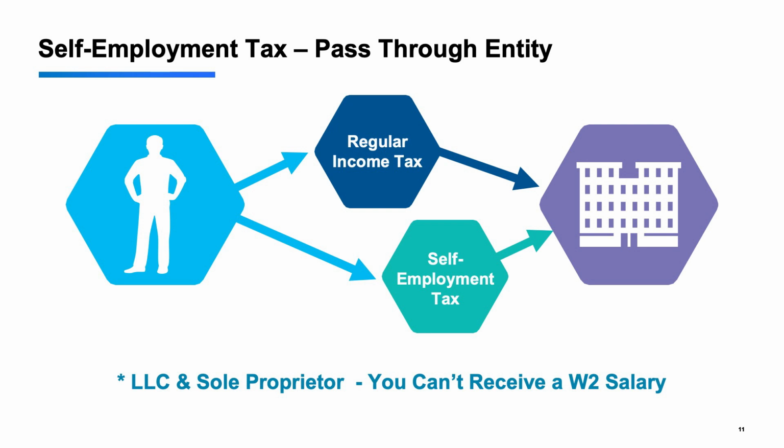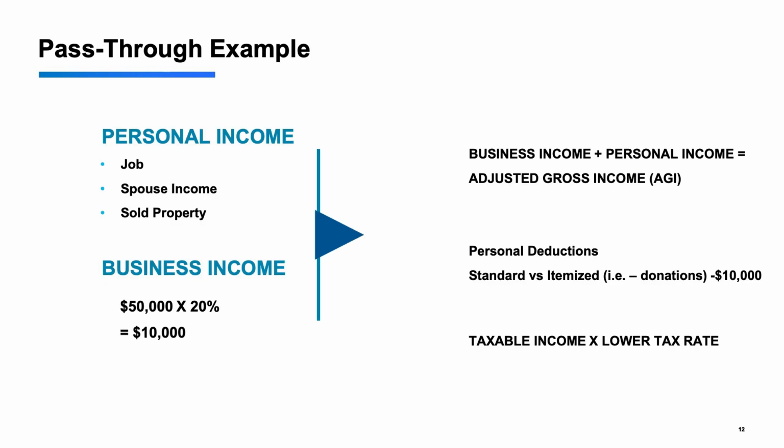In addition to regular income tax, your profit from the business can also be subject to self-employment tax. This applies to LLCs, partnerships, and sole proprietorships, because in these types of entities, you can't receive a W-2 or salary.